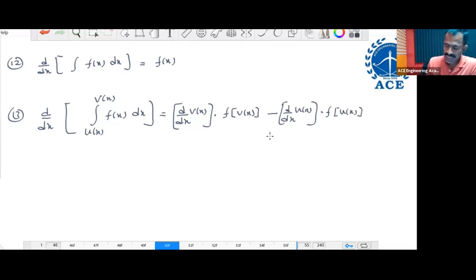Remember this just like upper limit minus lower limit form: derivative of v of x into the function at v of x, minus derivative of u of x into the function at u of x. That's all. These are the properties.